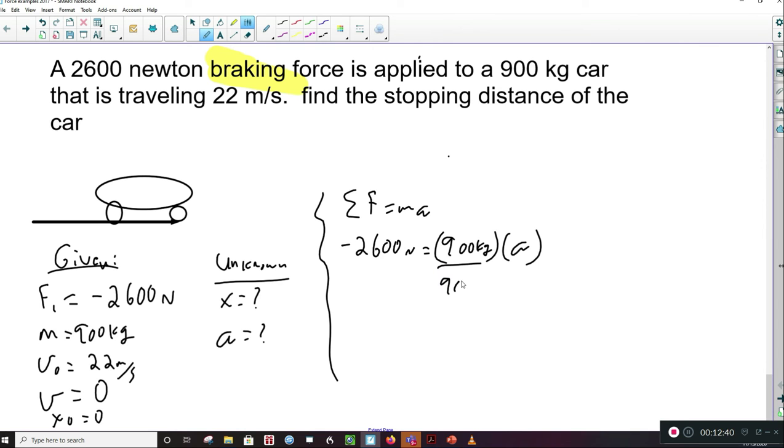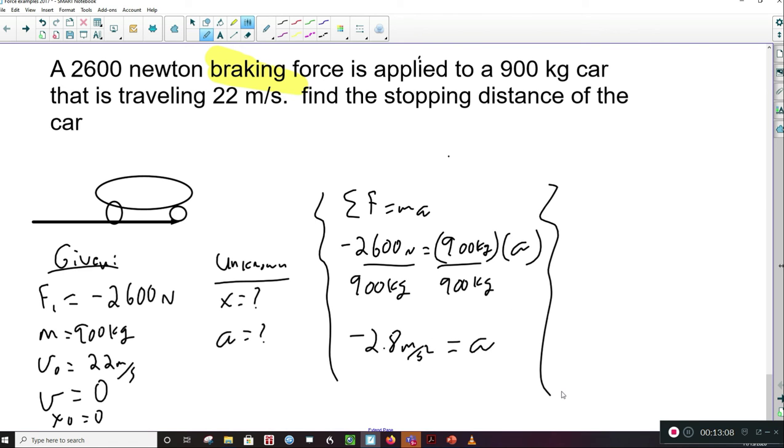Dividing both sides by 900 gives me negative 2.8 meters per second squared is equal to a.